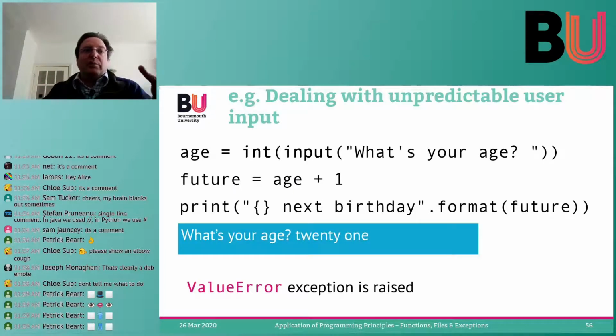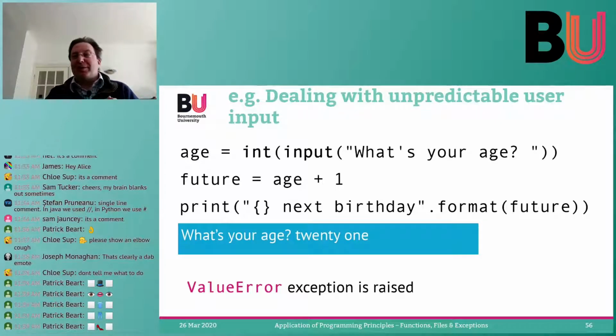So in particular, for example, if we have that age function, what happens if someone writes out the name 21 in text? Well, the int function can't handle that. The int function will say, okay, I can't handle this.